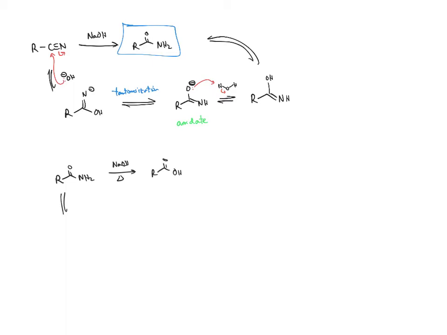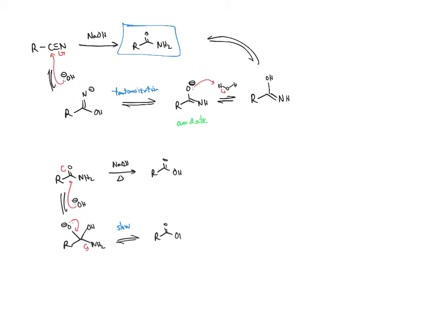And so again, you have hydroxide, it can attack the carbonyl carbon. You get an intermediate that looks like this. You get collapse with loss of amide. And this reaction is slow because amide anion is not a very good leaving group.